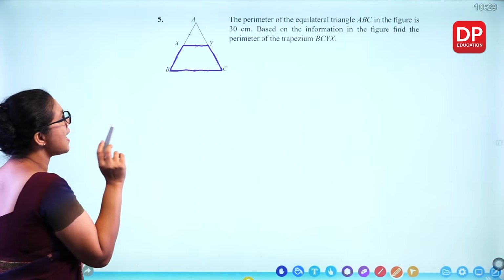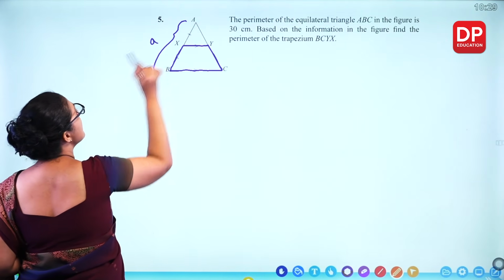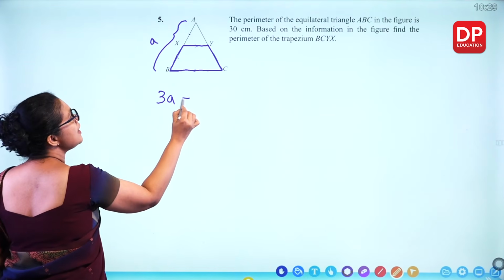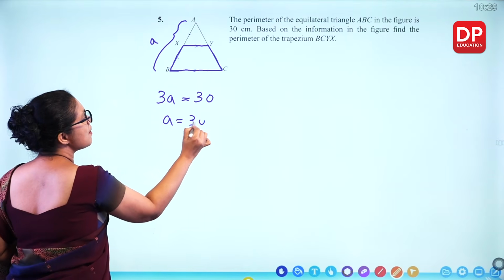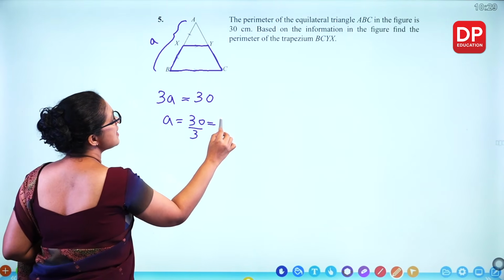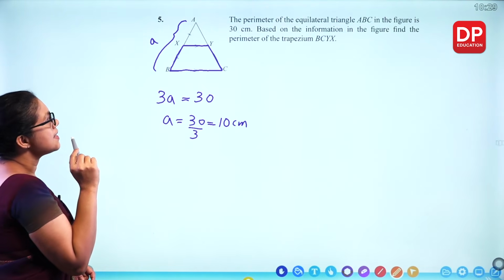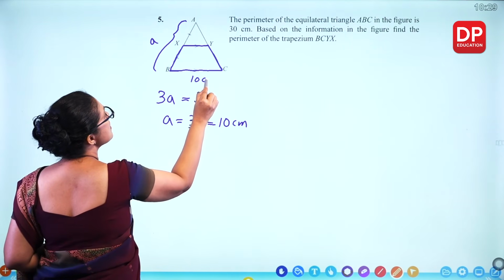So, what is one side? If one side is A, 3A, because all sides are equal, 3A is equal to 30. So, what is A? 30 divided by 3. That's 10 centimeters. One length is 10 centimeters. So, we know BC is 10 centimeters.